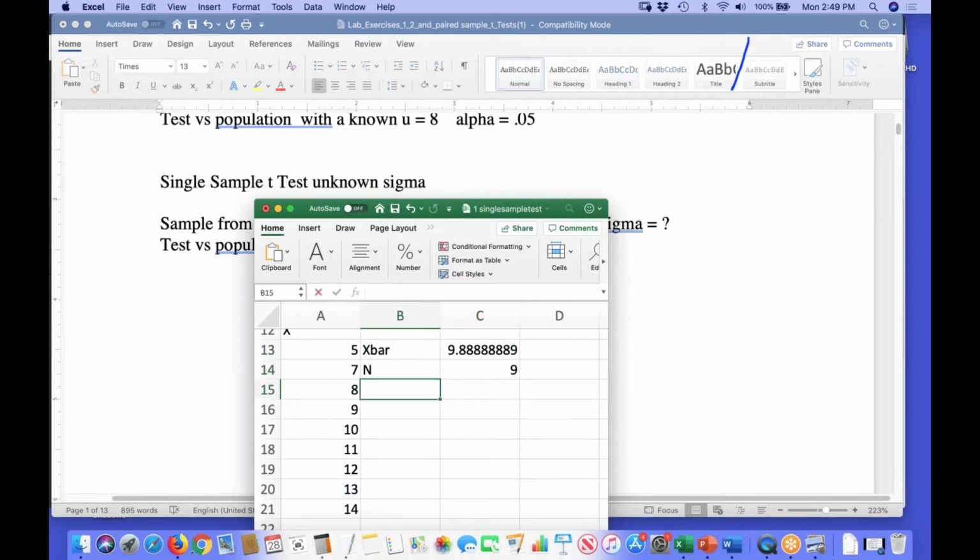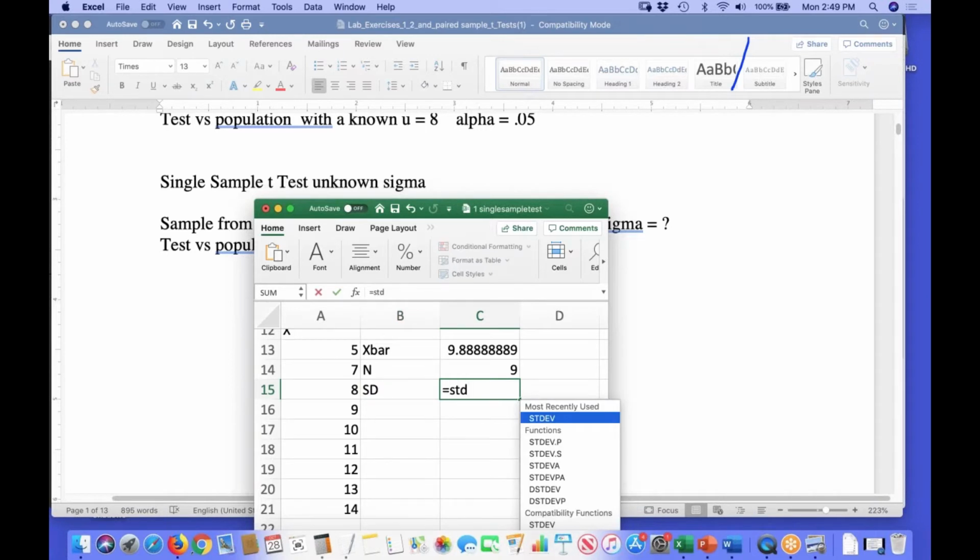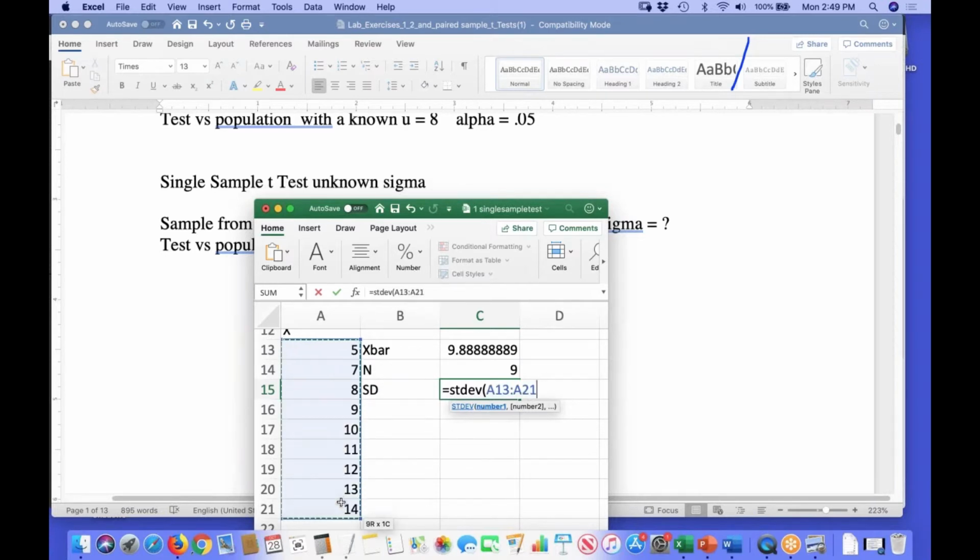We don't know sigma, so I have to calculate the standard deviation. Since we don't know it, we have to base it on our sample. So the standard deviation of our sample is 2.93.